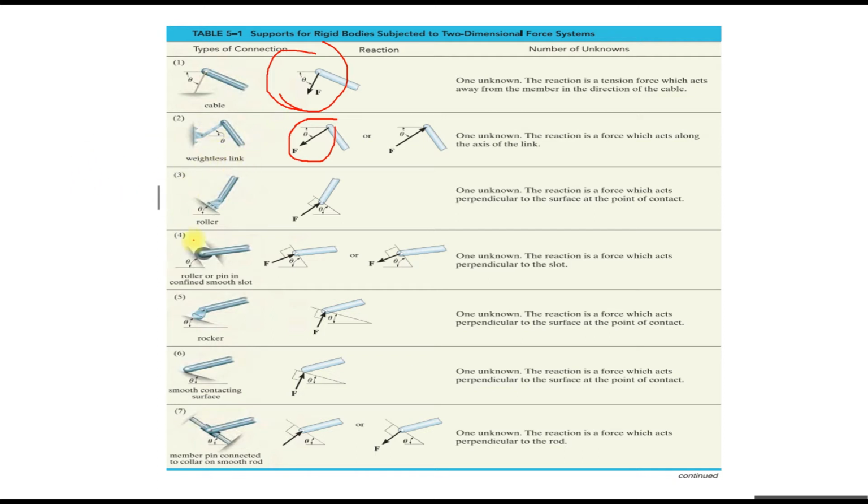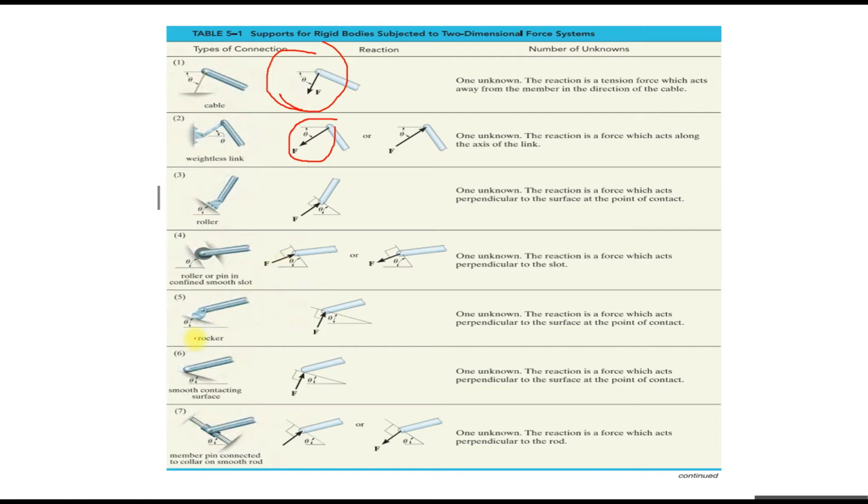Next we have a roller, and for rollers we have the reaction at the point of contact between the support and the surface. If it's a roller or pin in a confined smooth slot, it's the same as number 3, the roller: at the point of contact, one single force.